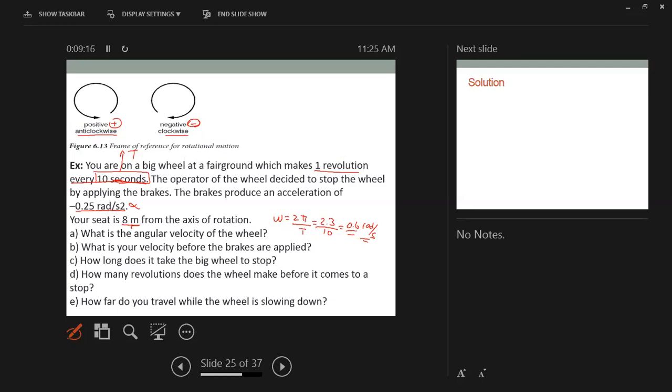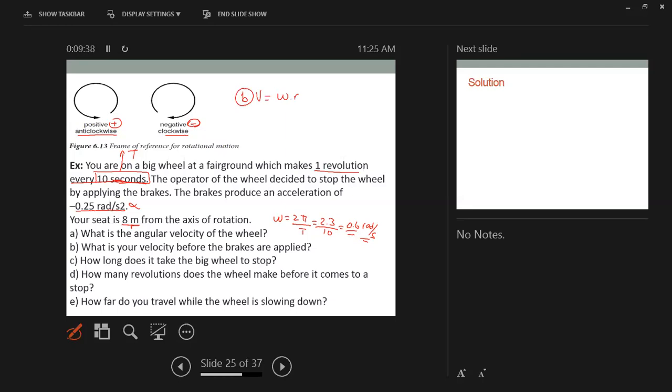So what is your velocity before the brakes are applied? So before the brakes are applied, we are going to have linear velocity. How do we find linear velocity? Let's put it here. B. Linear velocity equals angular velocity times radius, right?